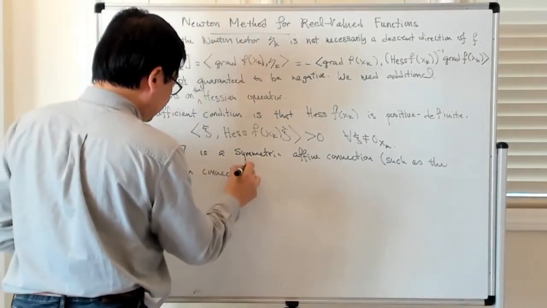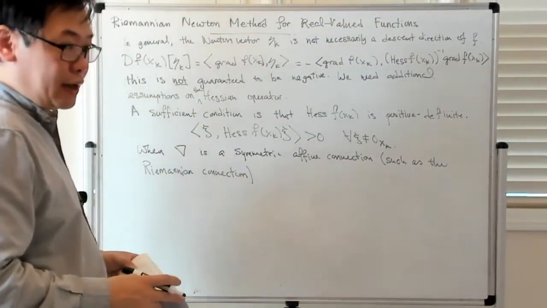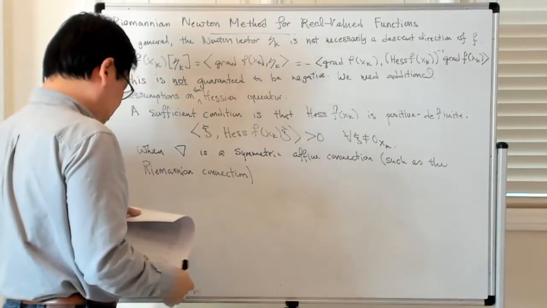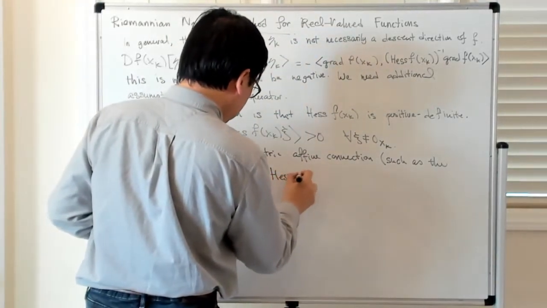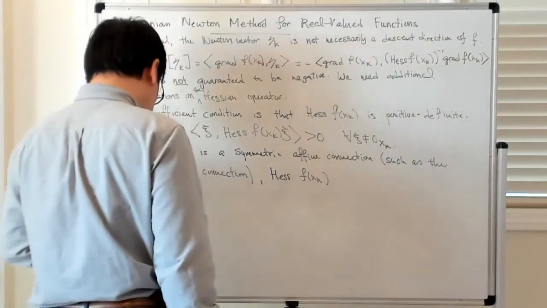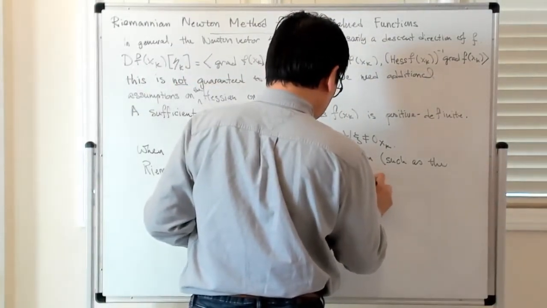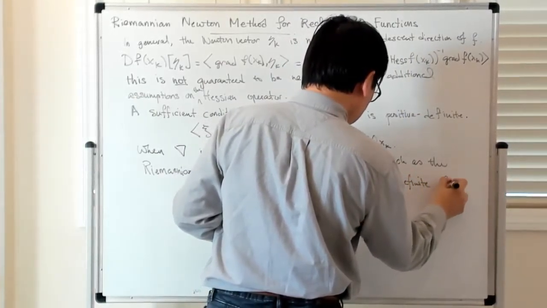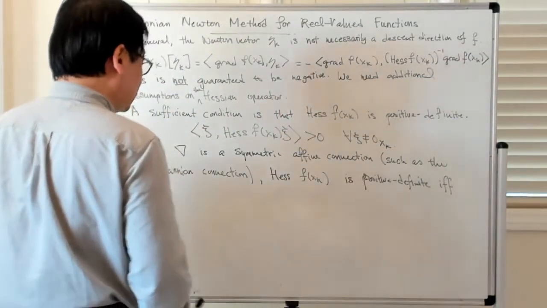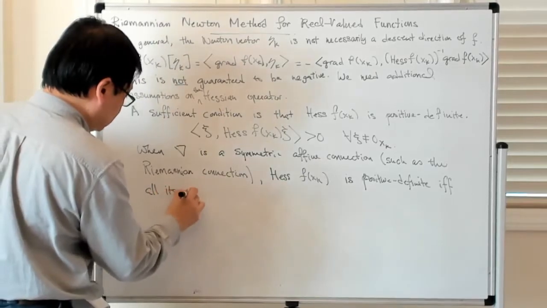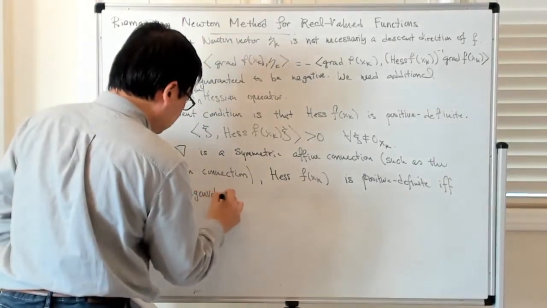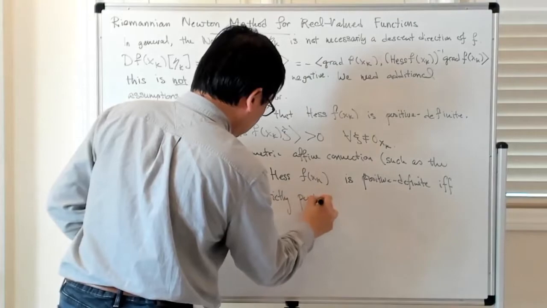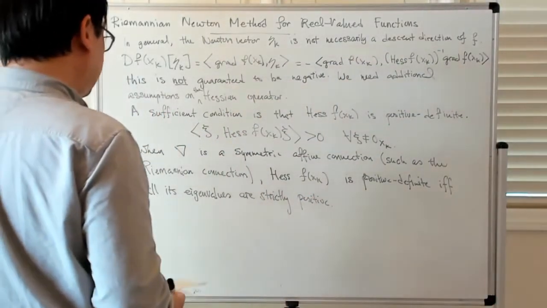Okay, so if you use the Riemannian or Levi-Civita connection or any other symmetric affine connection, then the Hessian is positive definite if and only if the following is true: if and only if all its eigenvalues are strictly positive.